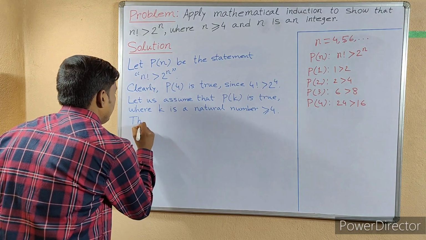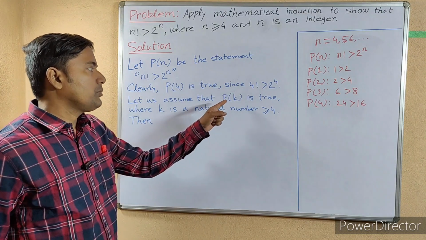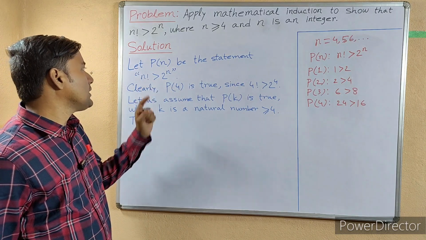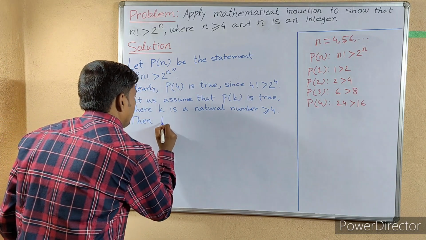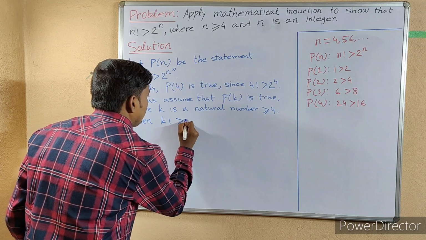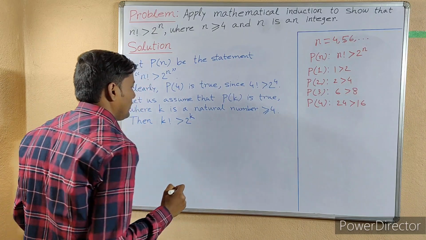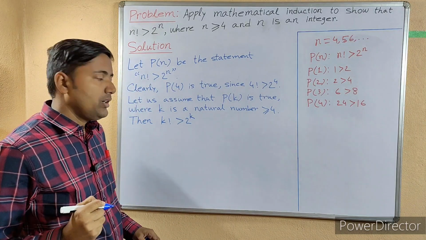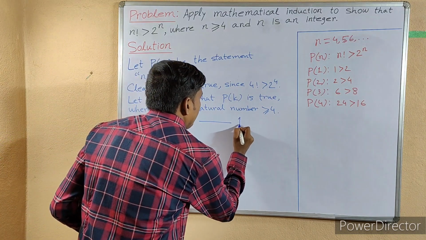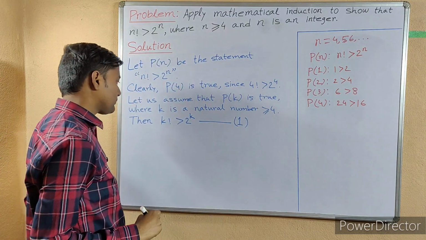Then Pk is true means factorial k greater than 2 to the power k. Okay, let's say this is number 1.